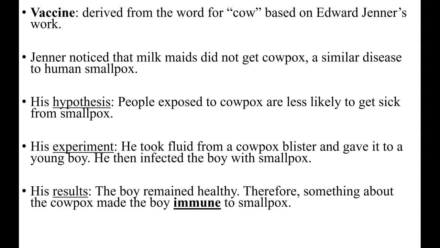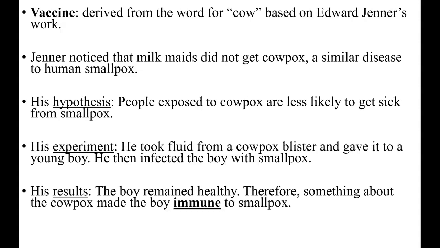Vaccine is actually derived from the word cow, which is vaccinia, and this is based on Edward Jenner's work. And Edward Jenner was doing some research on smallpox, and smallpox was a deadly disease that we have eradicated, fortunately. And when he was learning about smallpox, he was also researching a very closely related disease, which was cowpox.